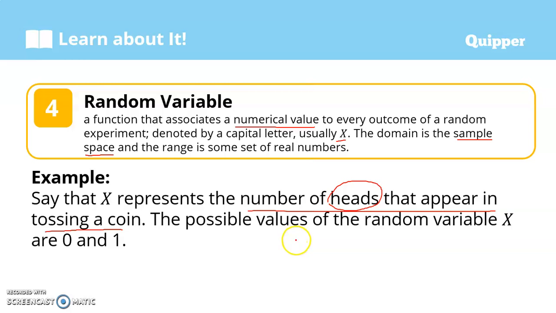So kung tail ang result, meaning there is 0 head. When we toss a coin and the result is head, then the value of X is 1. Okay, so 0 if tail ang result kasi 0 head. 1 if the result is head because there's only 1 head.